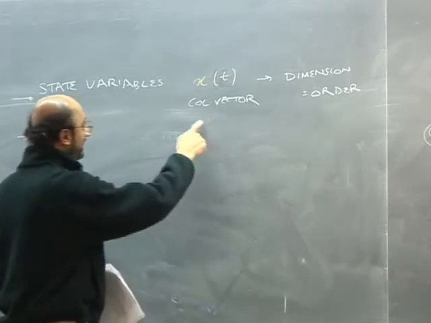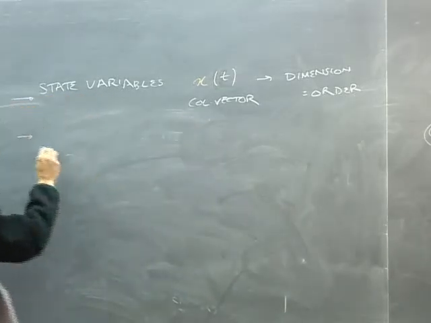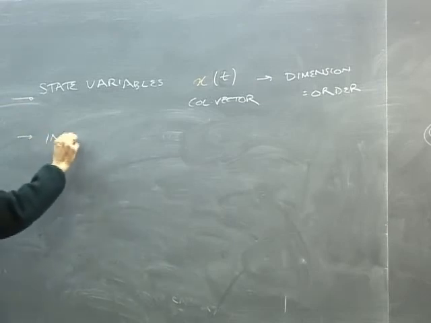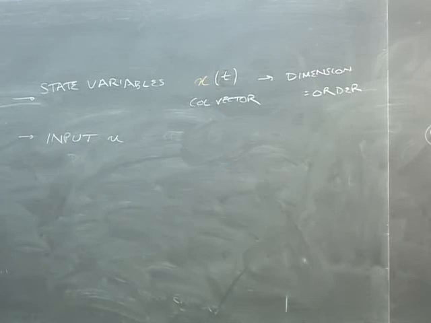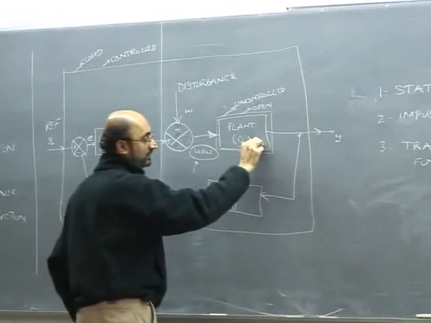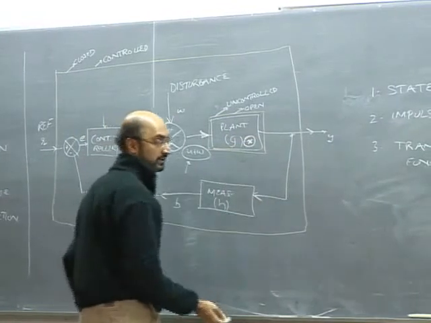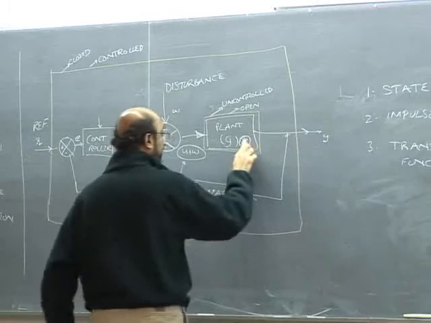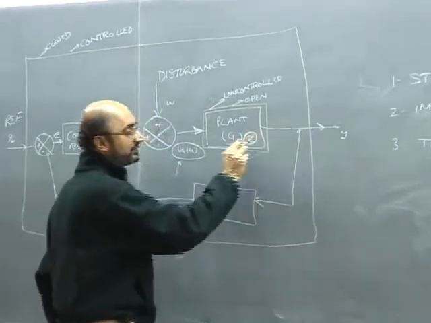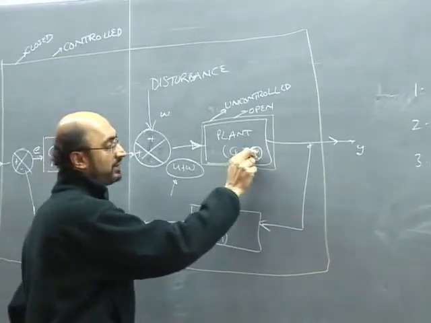So the state variable is a column. The input is u, which is this thing over here. That's u. So the plant is going to be represented by x. The state of the plant is represented by the column vector x. That's what I have over here.